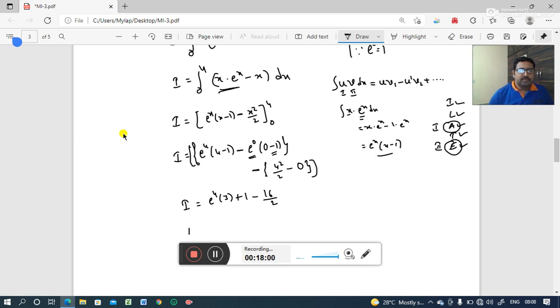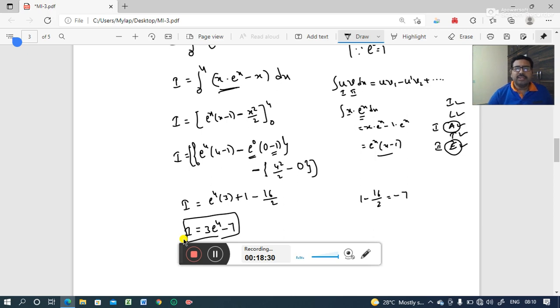If you simplify this, 3 into e power 4, plus 1 minus 16 by 2 gives minus 7. Therefore your final answer is I equal to 3 into e power 4 minus 7. So this is your integral value.